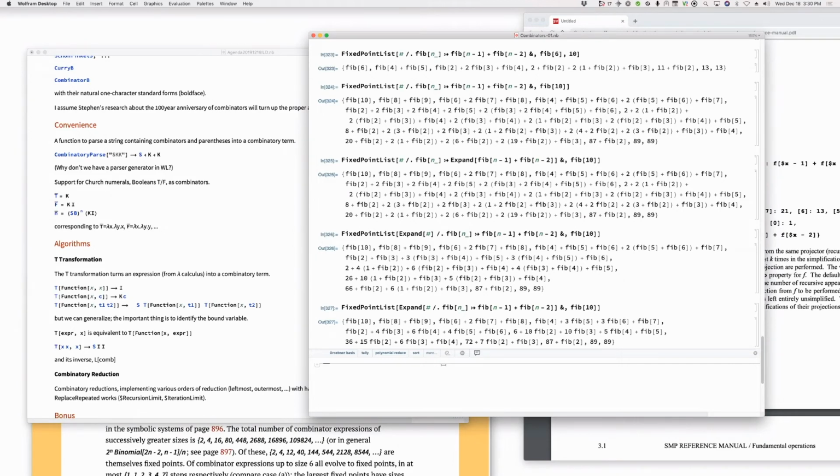But what this is saying is, parameterizing, look, what this is basically saying is, in replace repeated, there are two things.